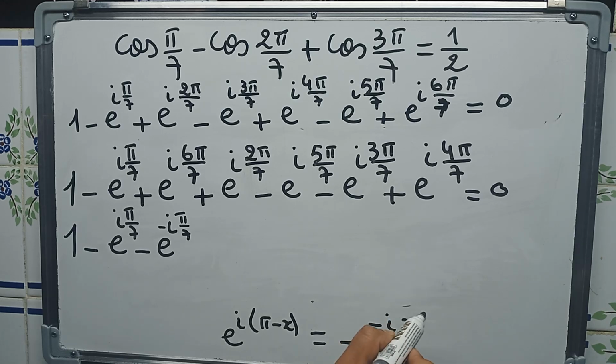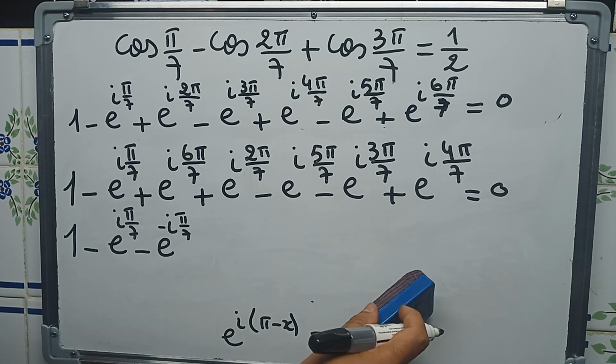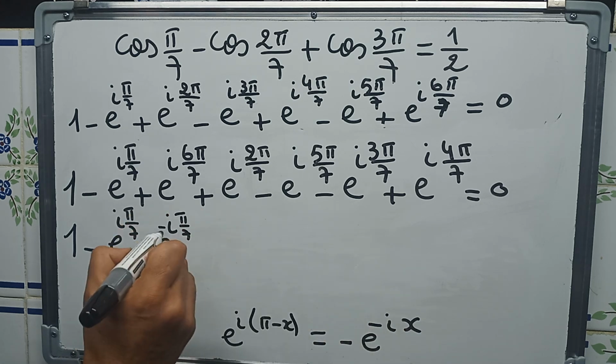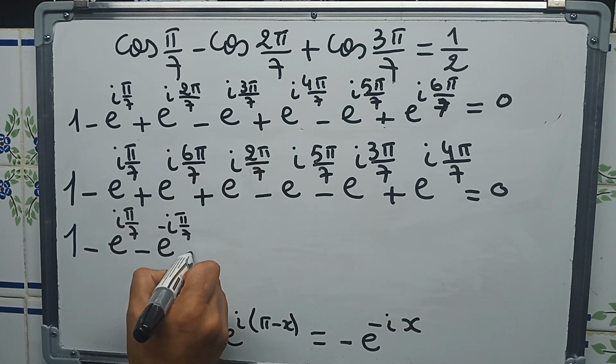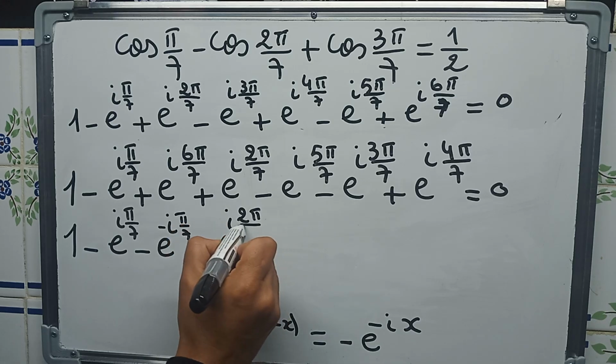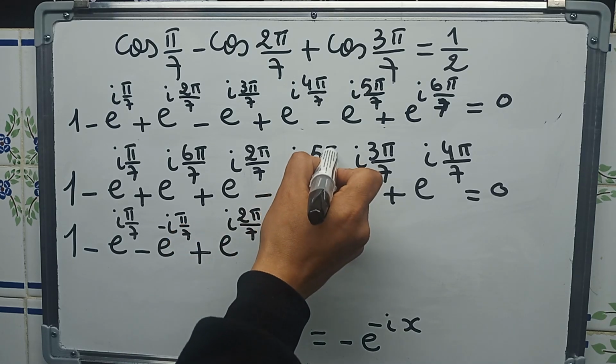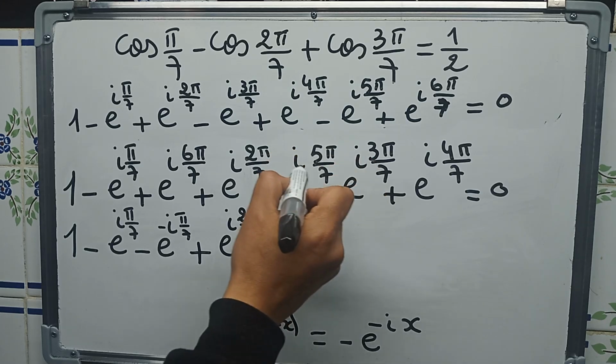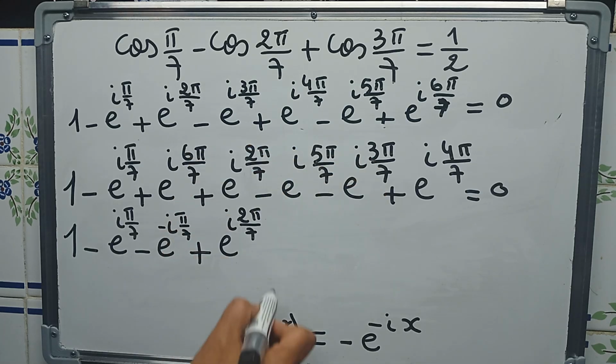And now we will continue with the other one, plus e^(i 2 pi over 7). And the same here, 5 pi over 7 is pi minus 2 pi over 7.